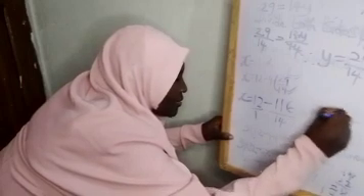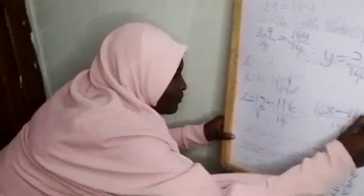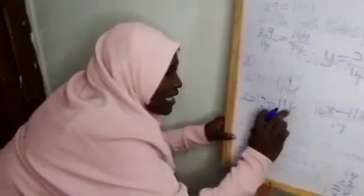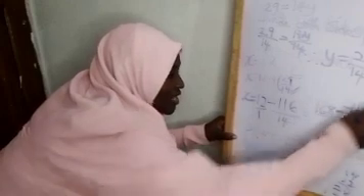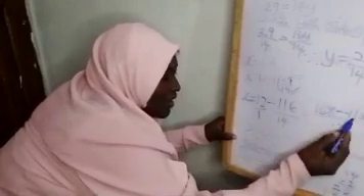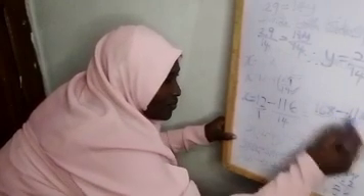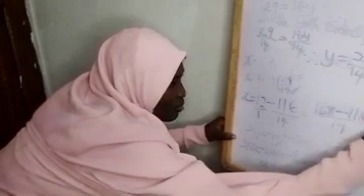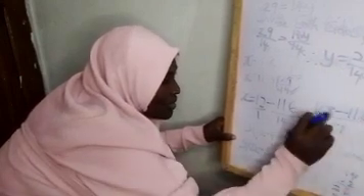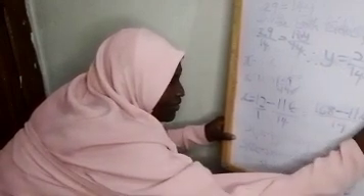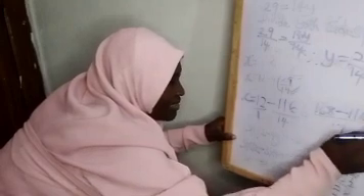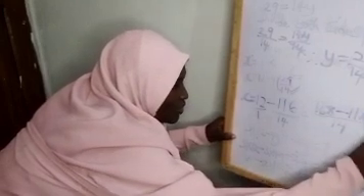So 168 minus 116. 14 in 14, 1 times 116, that's 116. So we subtract it. 8 minus 6 is 2, 6 minus 1 is 5, 1 minus 1 is 0. So we have 52 over 14.